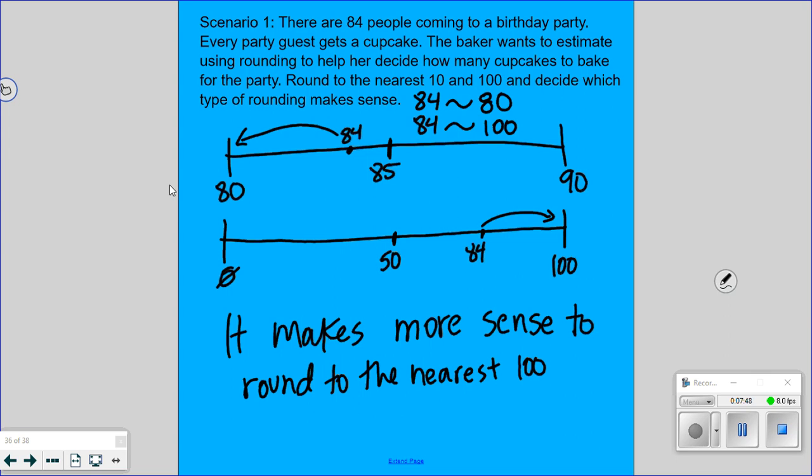It makes more sense to round to the nearest 100, so we have extras. I'll give you some seconds for those who need to write a sentence. If you have one version of that, you don't have to copy it, but you should have something along those lines.